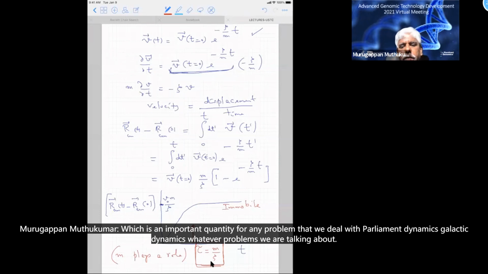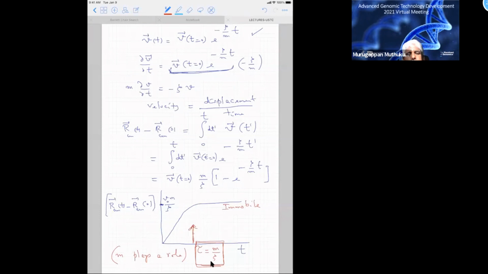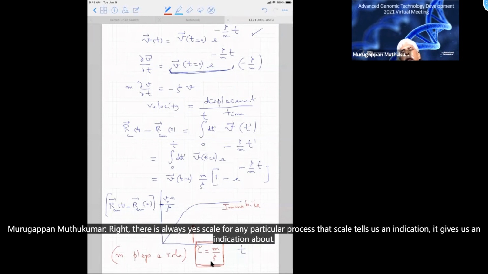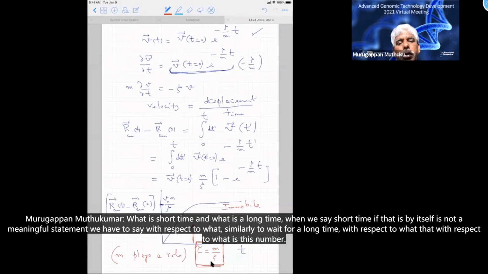Polymer dynamics, galactic dynamics, whatever problems we are talking about, there is always a scale for any particular process. That scale gives us an indication about what is short time and what is long time. When we say short time, that by itself is not a meaningful statement.